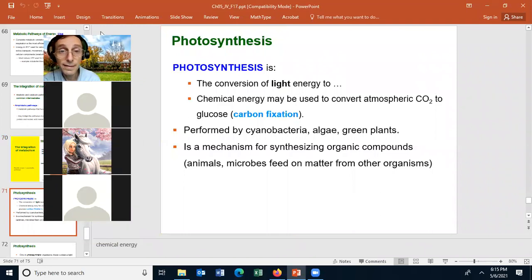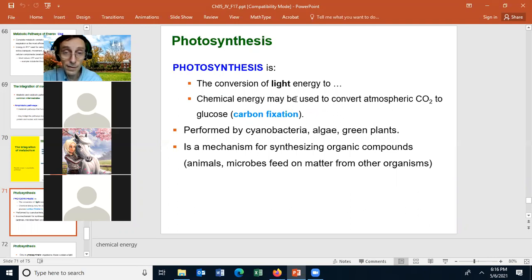In photosynthesis, we can make ATP using not a catabolic pathway, but an anabolic pathway. Photosynthesis is the conversion of light energy into chemical energy, including ATP. And so we say it's the conversion of light energy into chemical energy. The chemical energy may be used to convert atmospheric carbon dioxide to glucose.